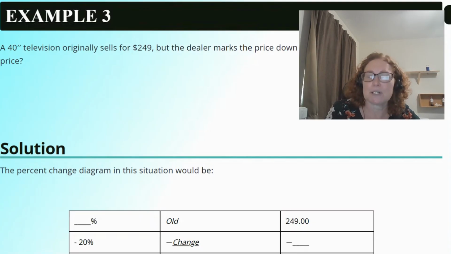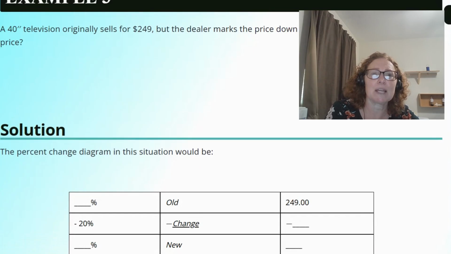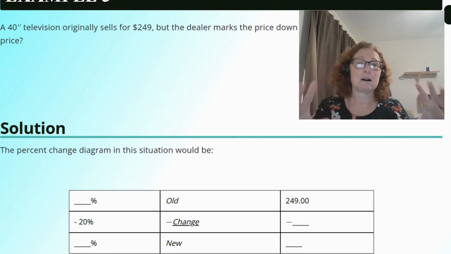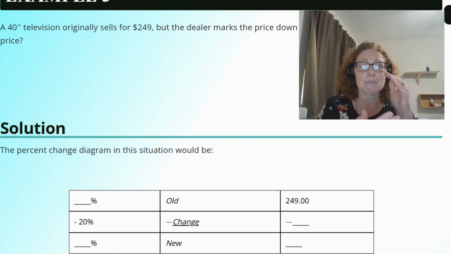Because, for example, you've got a 40-inch TV originally sold for $249, but the dealer marks the price down 20% for a sale. And we want to know the sales price. So if you set up the diagram and you set up the old, change, and new, you know that the original price or the old price was 249.